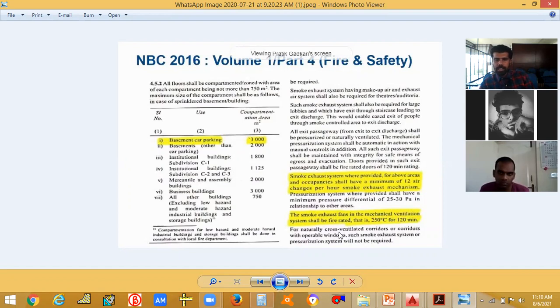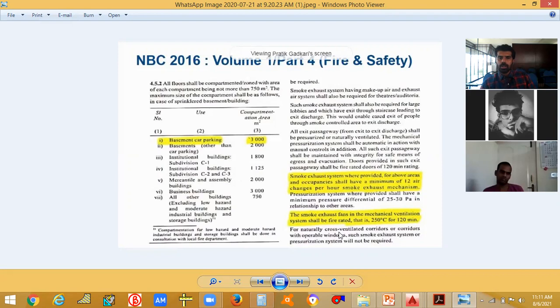The smoke exhaust fans in the mechanical ventilation system shall be fire rated, which means that it should be able to withstand 250 degrees Celsius for at least 120 minutes, 2 hours.